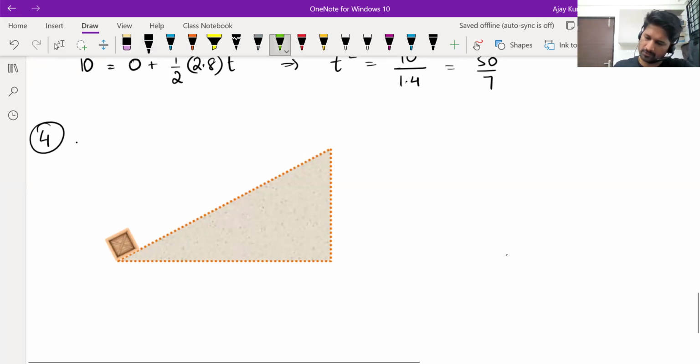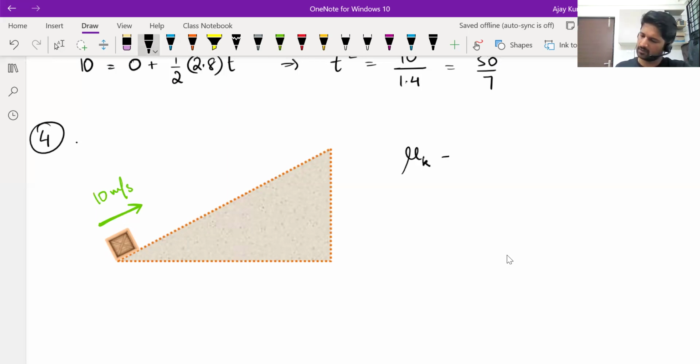Okay, suppose this block is projected up with a speed of, let's say, some 10 meters per second. So since it is projected, definitely it will slide. Assume coefficient of kinetic friction between the block and the surface is 0.5 and coefficient of static friction is 0.9.